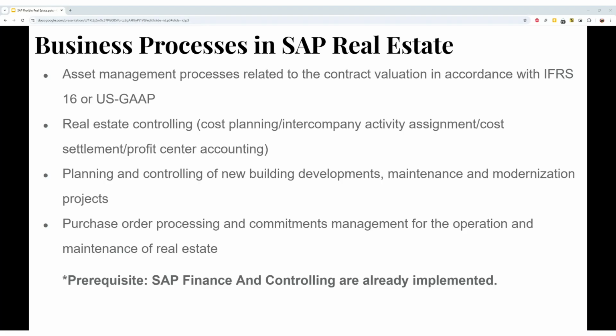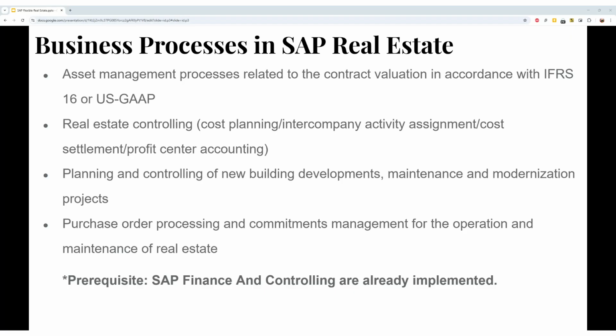Planning and controlling of new building development projects. So we can also integrate it with the SAP portfolio and project management, where in the portfolio you can have new construction projects, which you can bucket into different portfolio items, right?